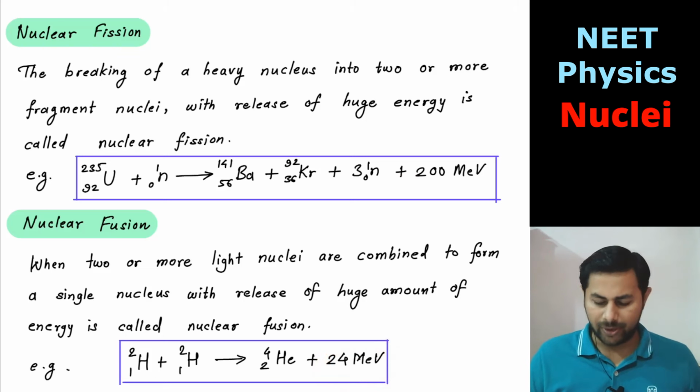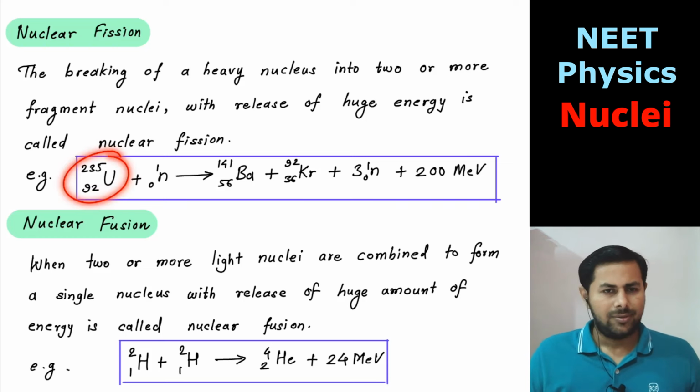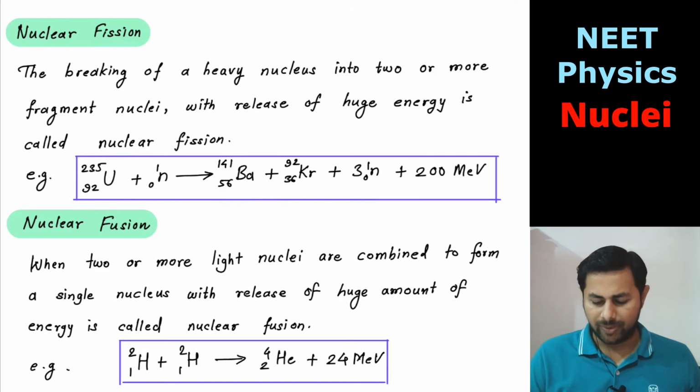And what can you say about the binding energy per nucleon of the reactants and products? If this is reactant, or you can say this is parent nucleus and these are daughter nuclei, then what can you say about EBN of them? Which one would be greater?